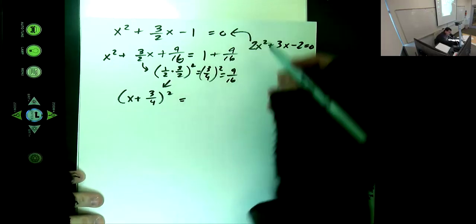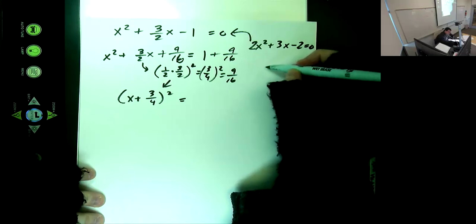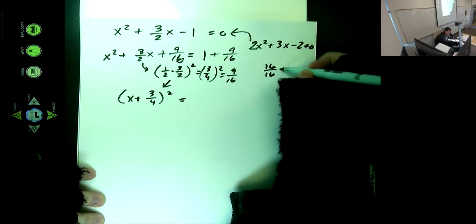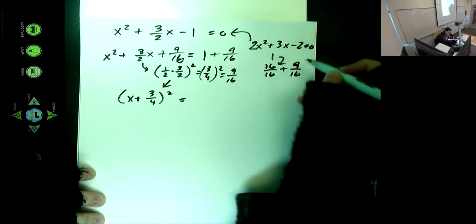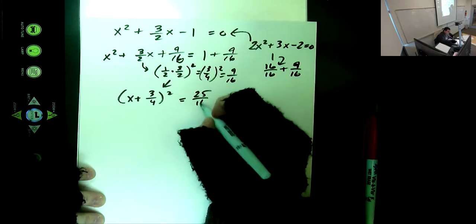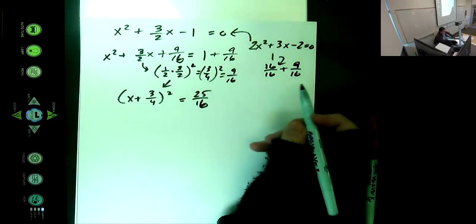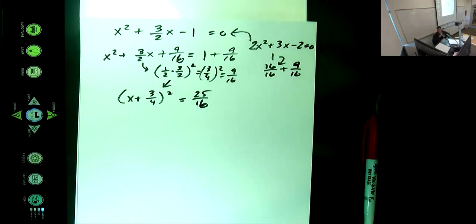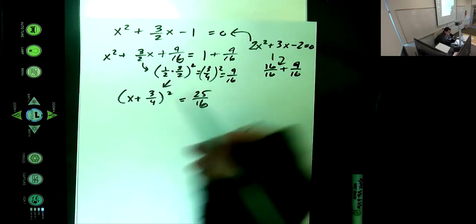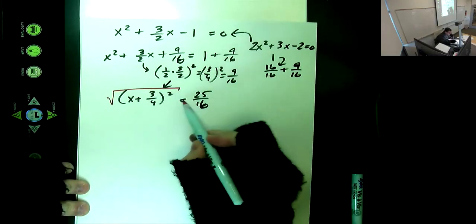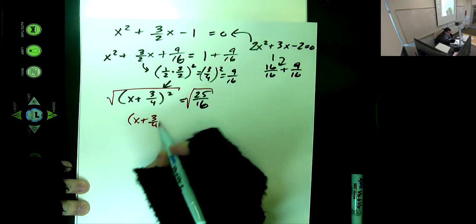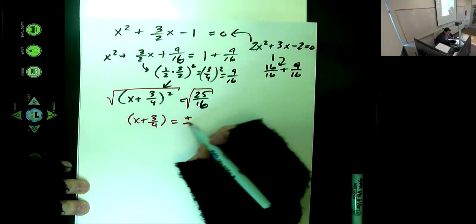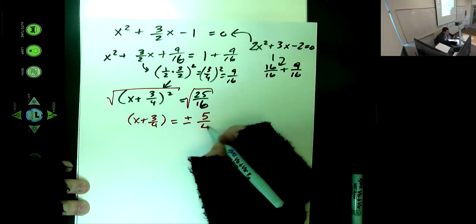On the right side, if I get a common denominator, I've got 16 over 16 plus 9 over 16, that's my 1. And that adds up to 25 over 16. So we'll hit it with our roots. That is gonna be 5 over 4.